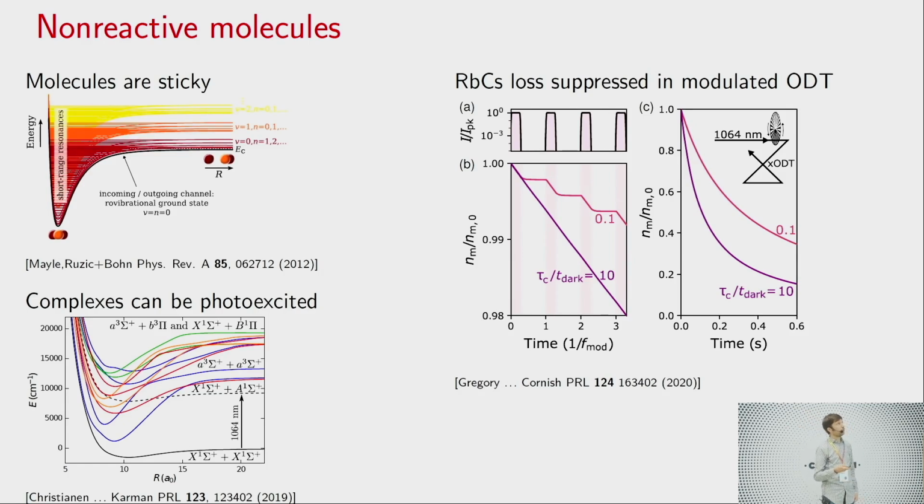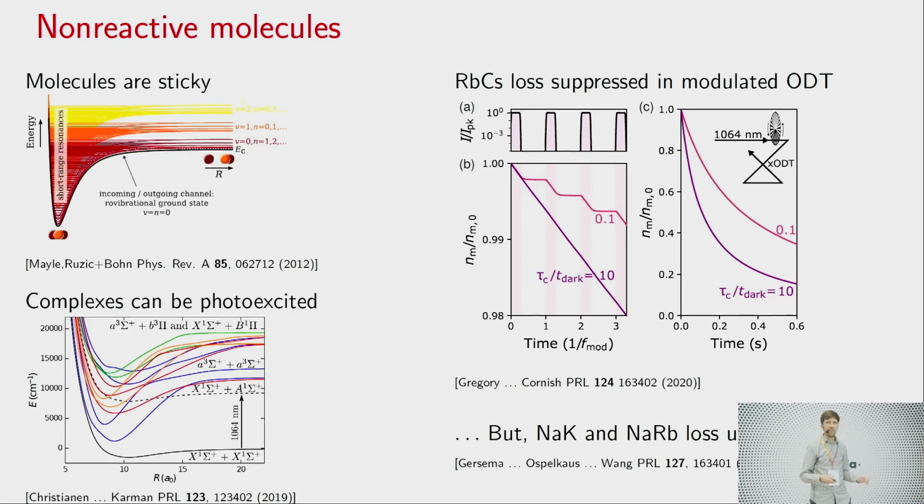So it seems that photoexcitation explains loss of rubidium cesium molecules, but somehow this doesn't describe what happens in other molecules such as sodium potassium and sodium rubidium, where if you repeat this experiment, you don't see a suppression of collisional loss. So this is not a fully resolved question, what actually causes the loss.